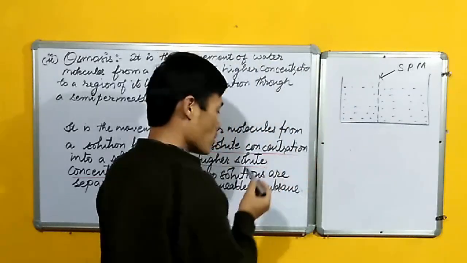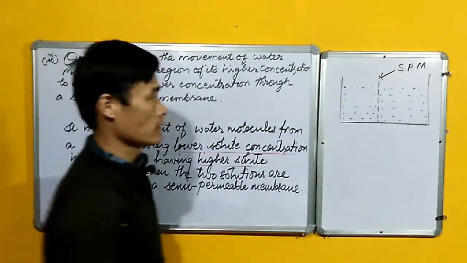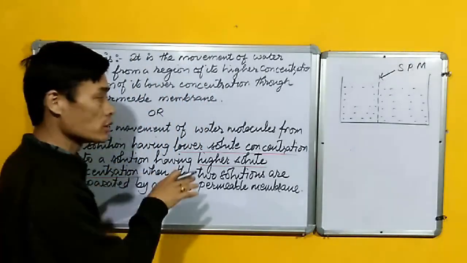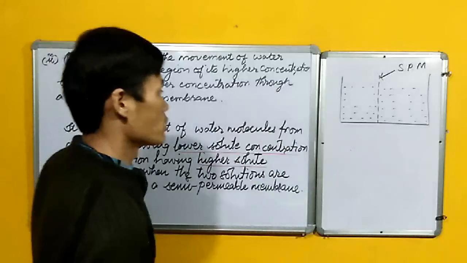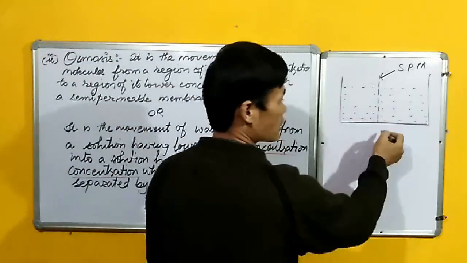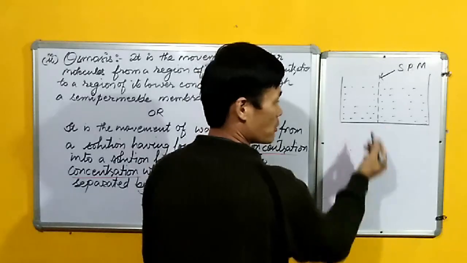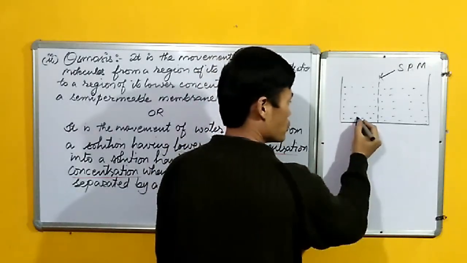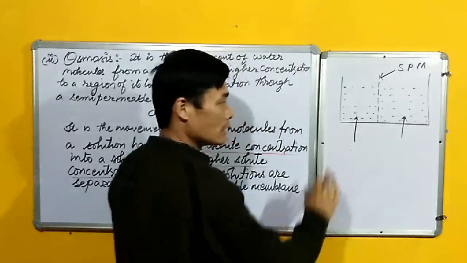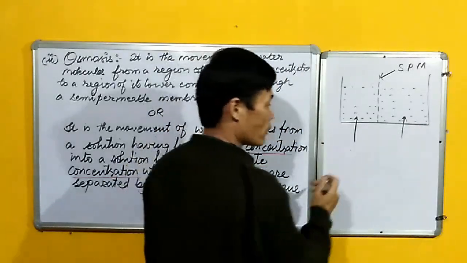Now, according to this definition, let us try to understand the movement of the water molecules from a low solute concentration to a solution having higher solute concentration when the two solutions are separated by a semi-permeable membrane. So let us assume that this solution and this solution differ in the concentration of the solute.